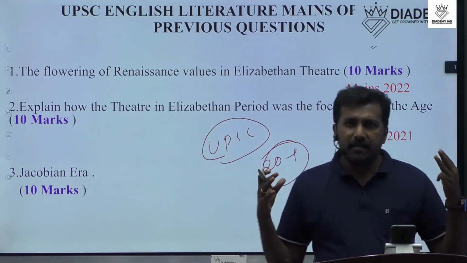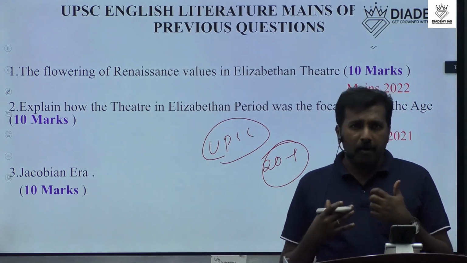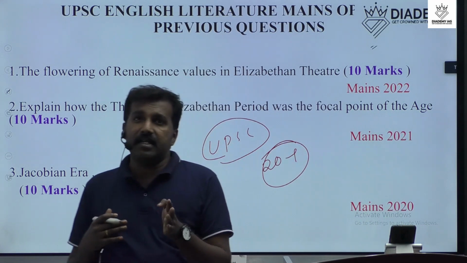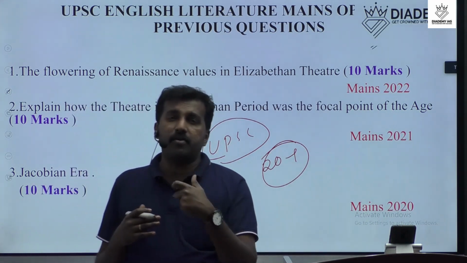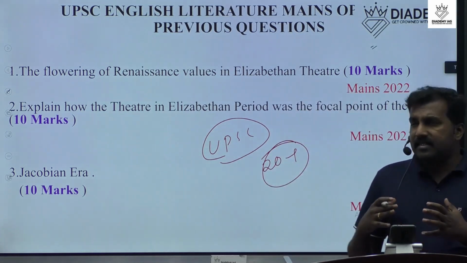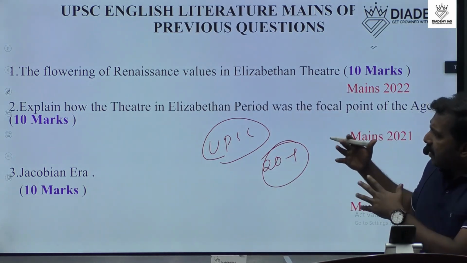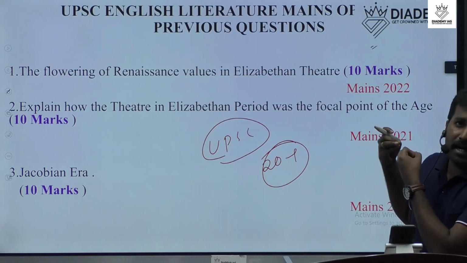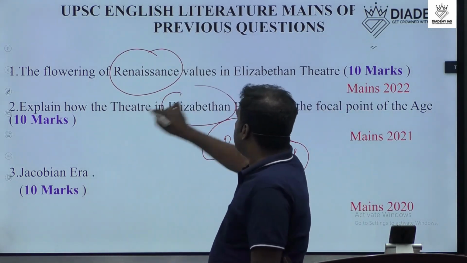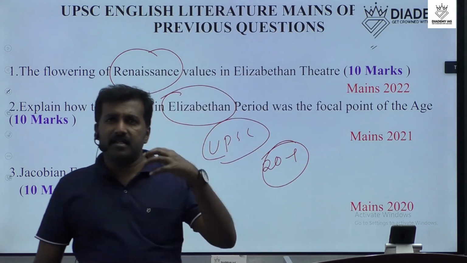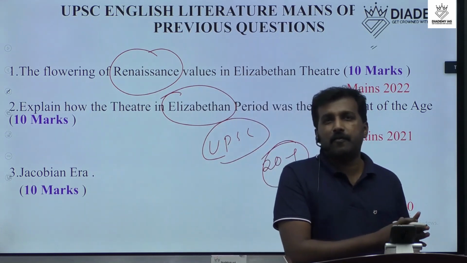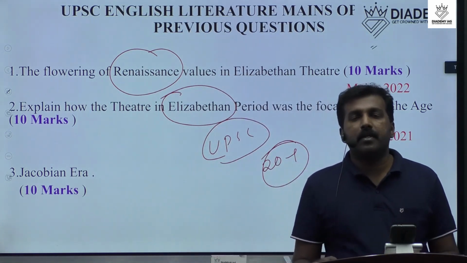So through this session, I hope you will understand the strategy, how to read and how to write the answer. In this session you have to understand that all the UPSC questions, whenever we scrutinize the previous question papers, are direct and straightforward, and at the same time very simple.